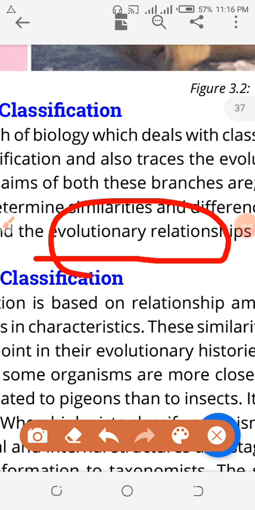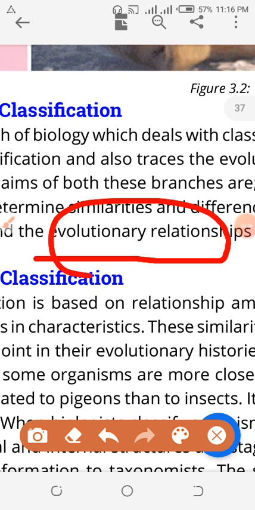That's why it is called biodiversity. Biodiversity means these animals were in the same group in the past years. As the habitat changed, Darwin visited many Galapagos Islands, and you will study this in senior classes. After visiting many areas, he found that animals living in closer geographical areas are similar. They are similar in character, but they belong to different species.